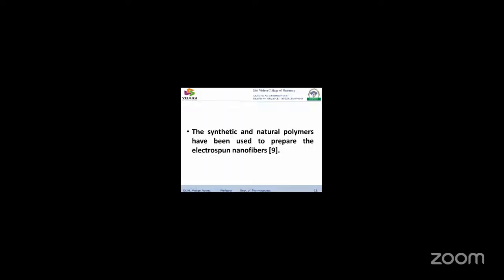In 1971, Baumgarten reported an apparatus to electrospin acrylic fibers with diameters in the range of 500 to 1100 nm. In 1981, Larrondo and Manley successfully produced polyethylene and polypropylene electrospun nanofibers from the melts.